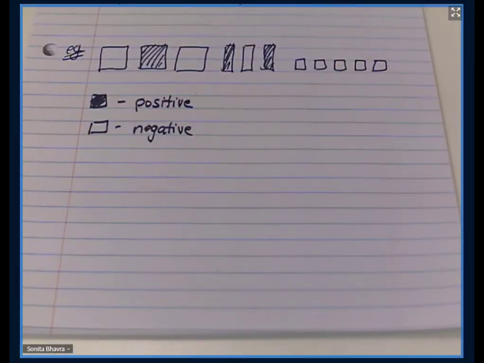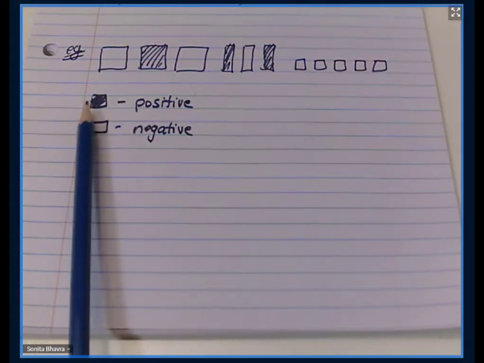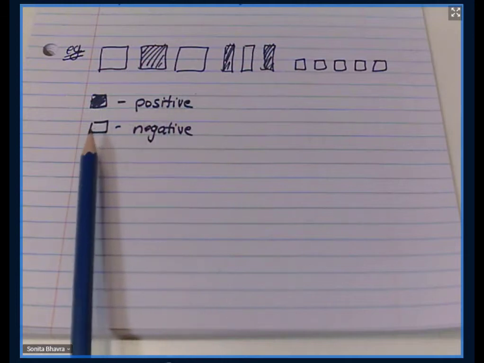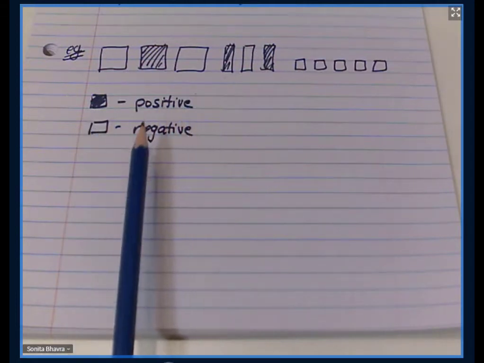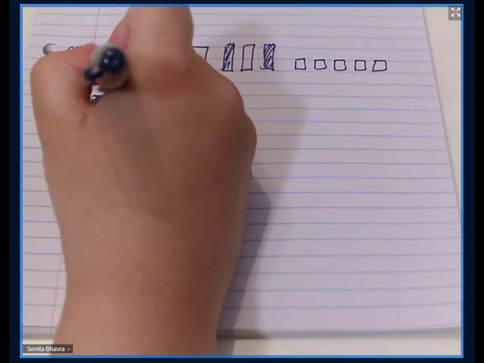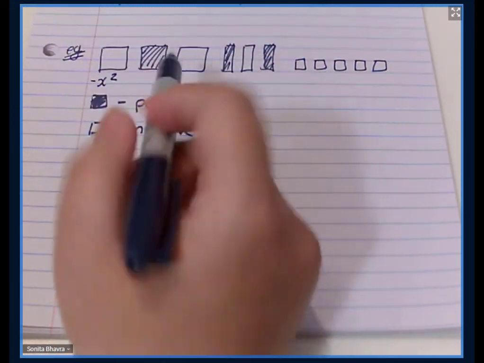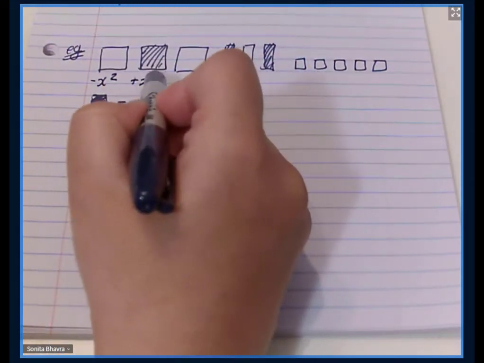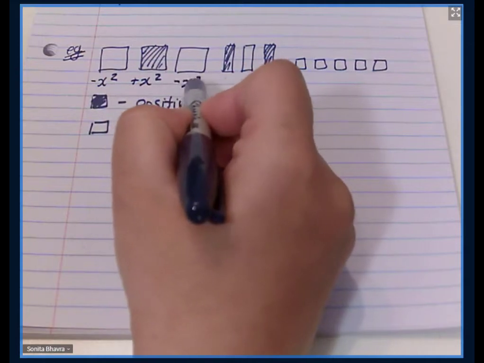All right, so our next question here, we're looking at algebra tiles. So recall that if it's a shaded tile, it's a positive, and if it's an unshaded tile, it's a negative. So if I write down everything for each tile here, this is a negative x squared, this is a positive x squared, and then we have a negative x squared.